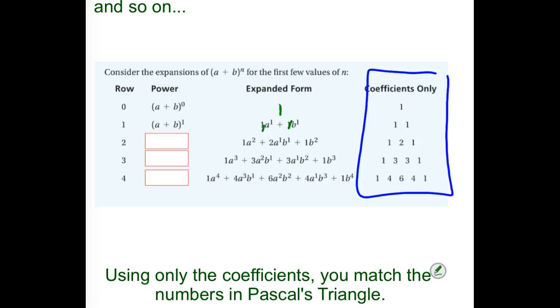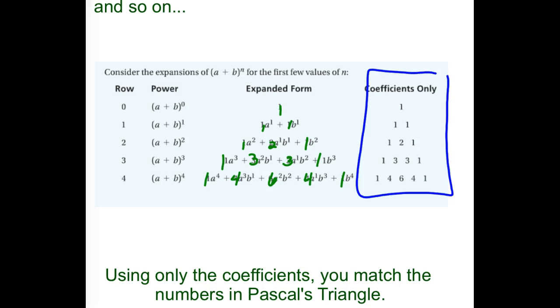Yes? Okay? As we keep going, our coefficients are 1, 2, 1, 1, 3, 3, 1, 1, 4, 6, 4, 1. Okay? Those are critical to expanding a binomial without having to do all the little work of expanding it by hand.